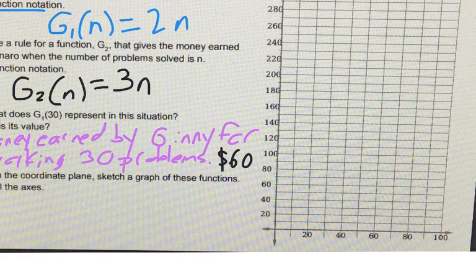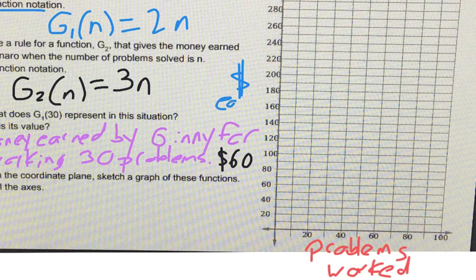So, what did we say our x's represented? What's our independent variable? The problems worked. That's why I would always start with labeling. X is problems worked. What's my y value? Money earned. So we could start with Jenny.